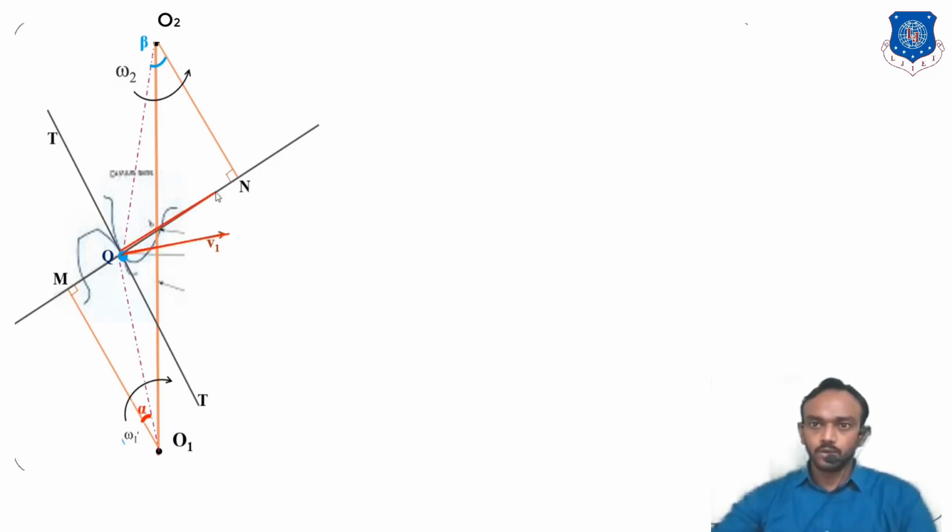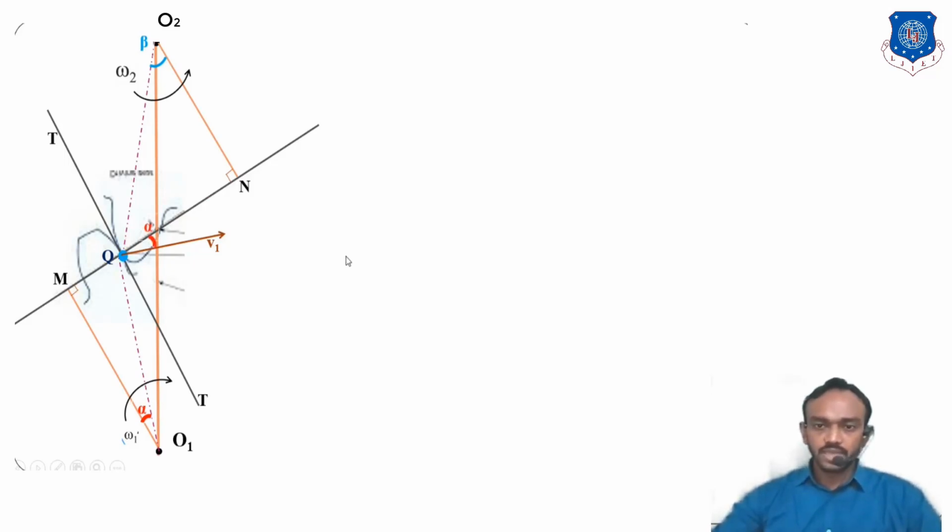What will be the angle here? As I said at the start, it is a totally geometrical relation you have to find. If there is a 90 degree angle here and alpha here, this will be 90 minus alpha, and since this is the 90 degree angle, this will directly be alpha.